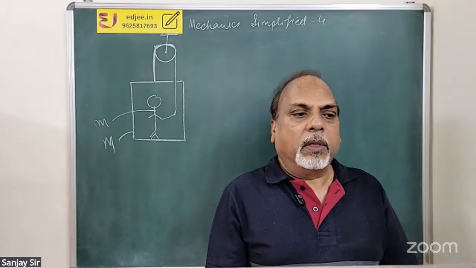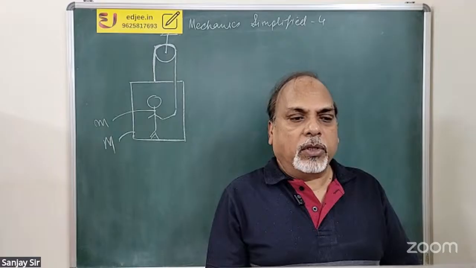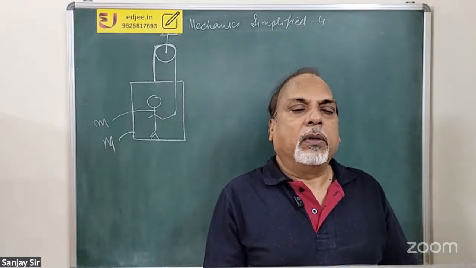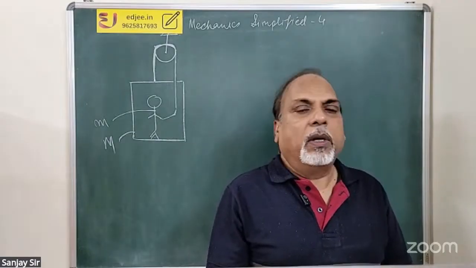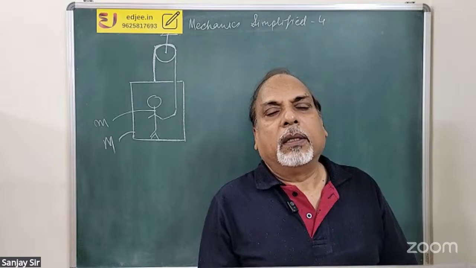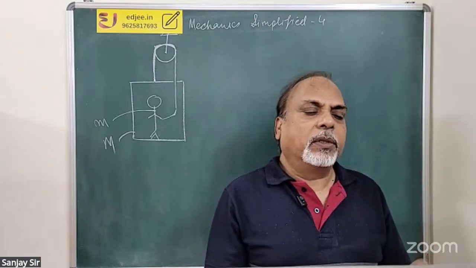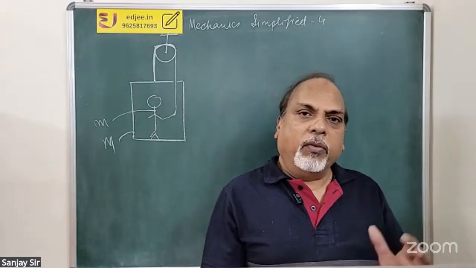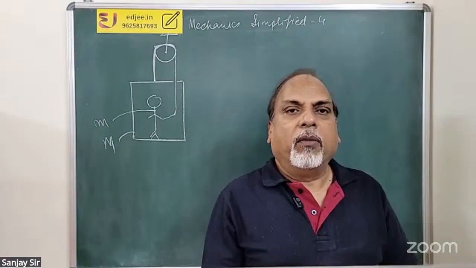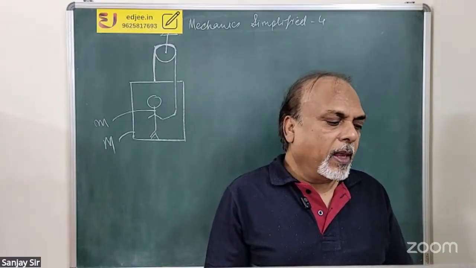That means neither he is going up, nor is this trolley going up or down. So, first of all, the acceleration of the trolley is zero. The only thing is all the forces are balancing with each other. Correct?